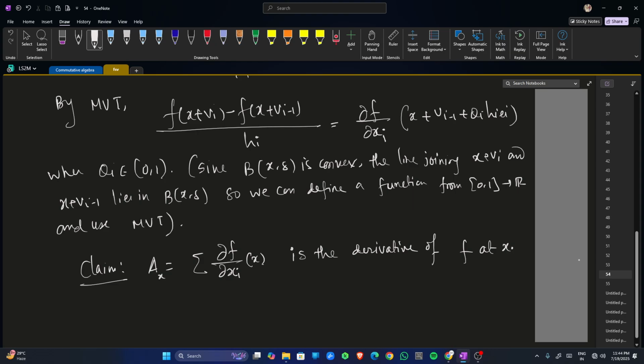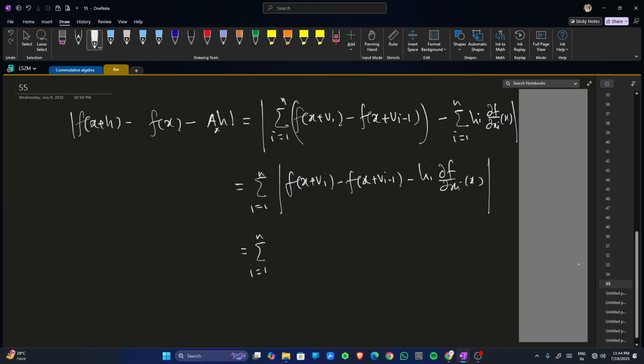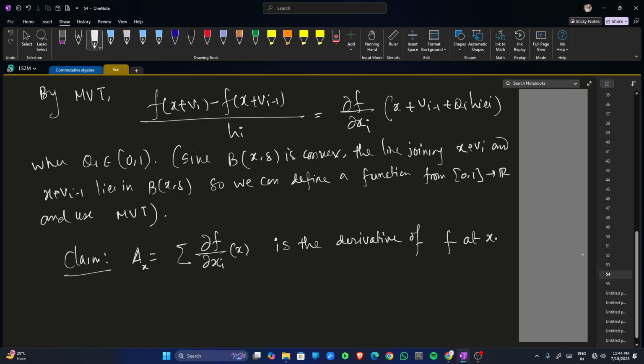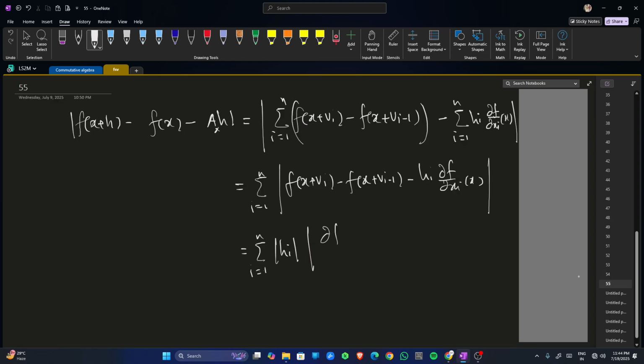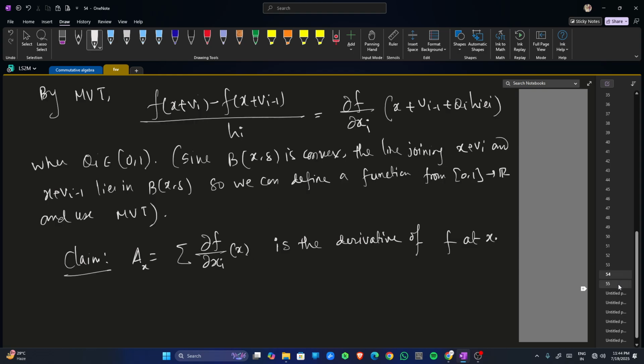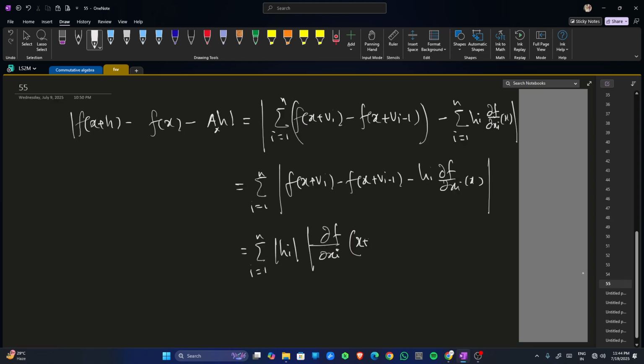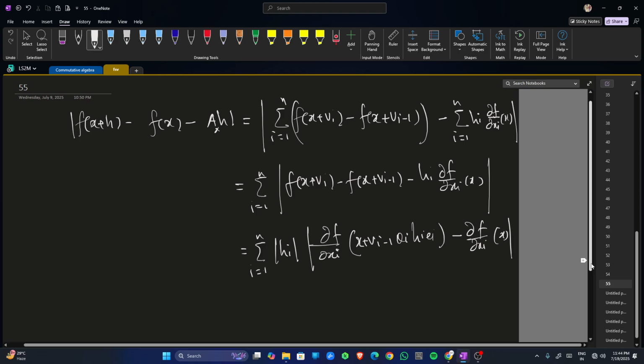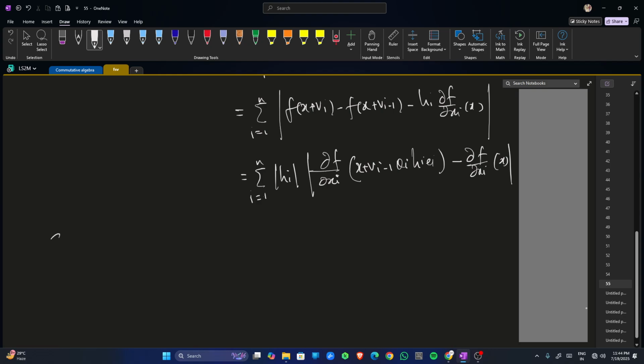Now you can use the mean value theorem and take h_i out. By the mean value theorem, what you have is del f del x_i at x plus v_{i-1} plus theta_i h_i e_i minus del f del x_i at the point x.